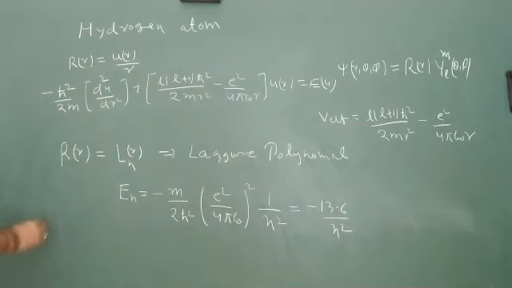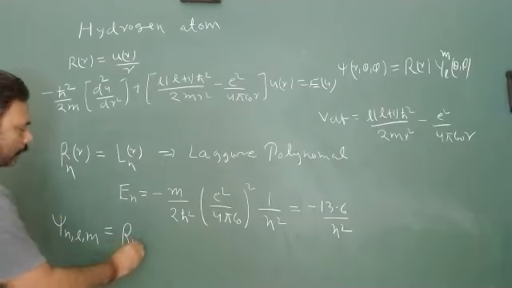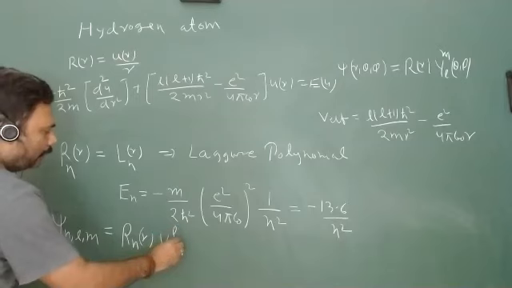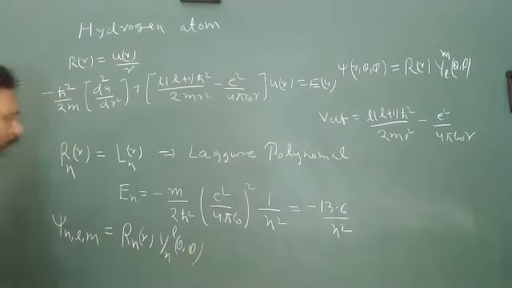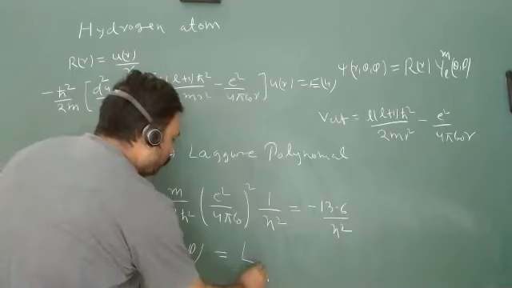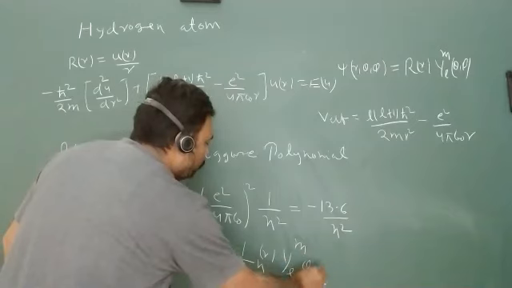And what will be your total wave function? The total wave function you can write as psi n l m, which is the radial part R n l into Y l m (theta, phi). The radial part is the Laguerre polynomial, so you can write Laguerre polynomial n l (r) times Y l m (theta, phi).